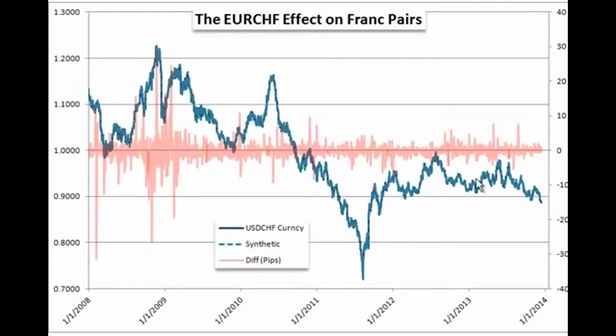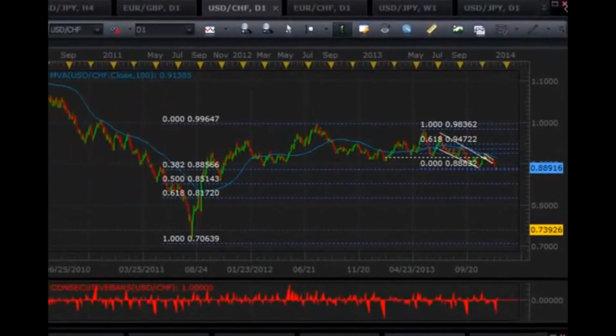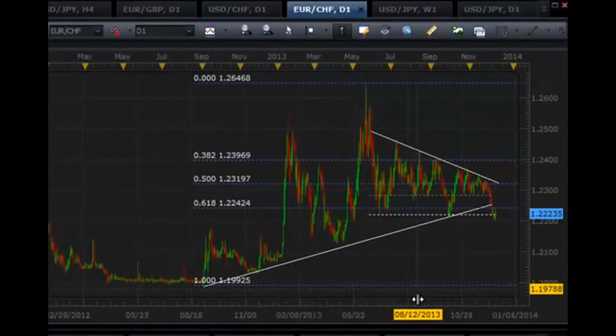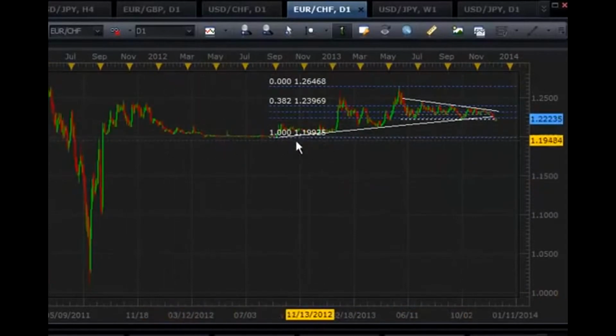Very interesting. Now this is important because when we look at the performance of the dollar Swiss, we can see that its synthetic pricing is very closely held. Now what happens though if we get to a euro Swiss where it's getting back to that floor? There is a natural floor here on this euro Swiss, or an unnatural floor.